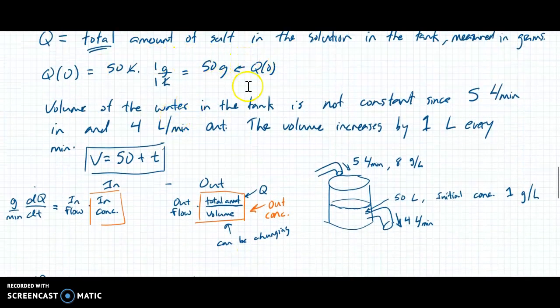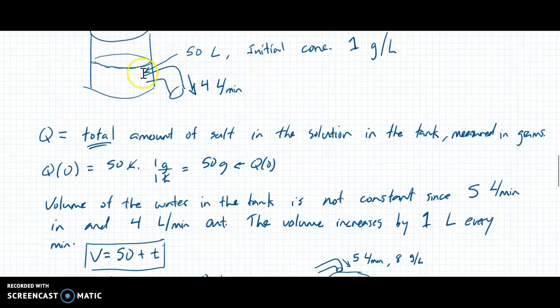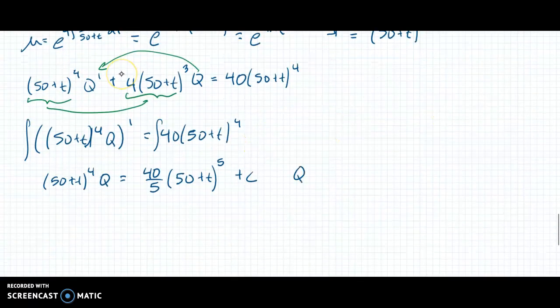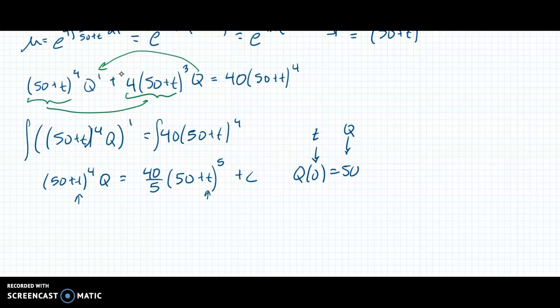Q of 0 is 50, right? That was the amount of the grams in this thing to start. So Q of 0 is 50. So this is T, and this is Q. So those guys are 0, and then this is 50.